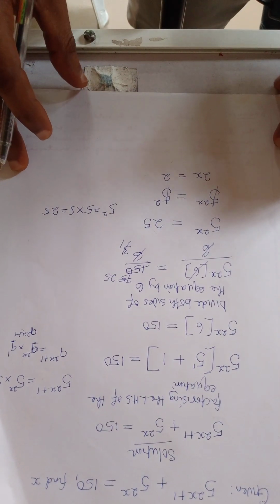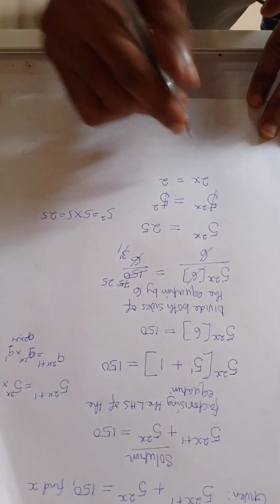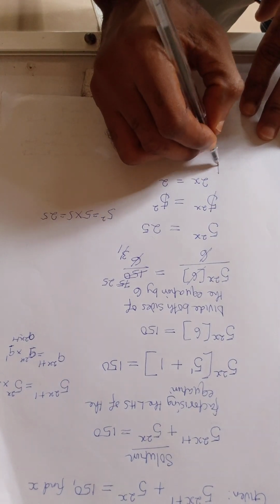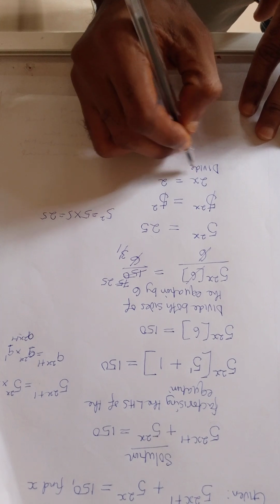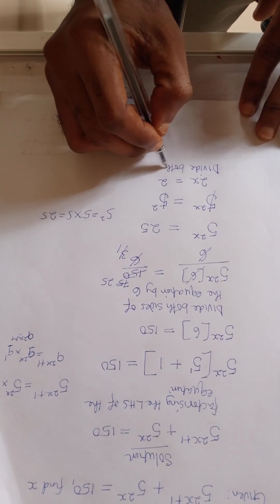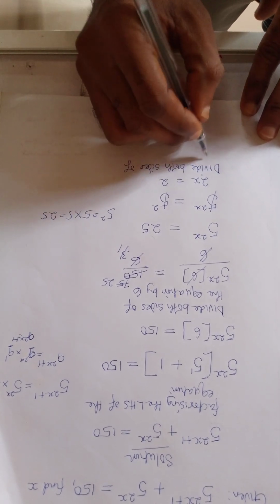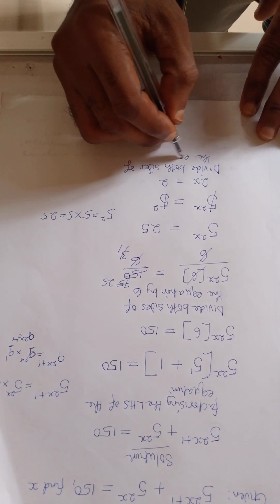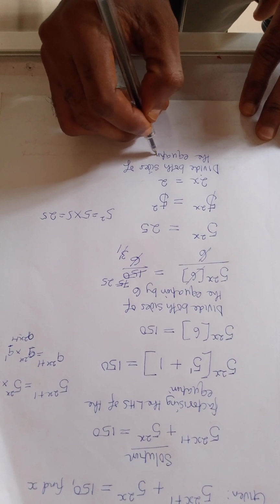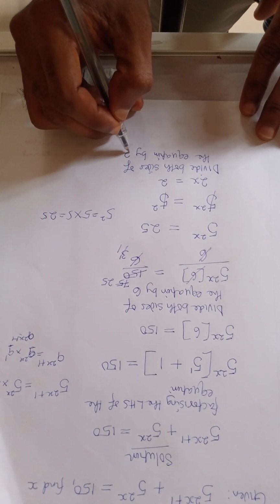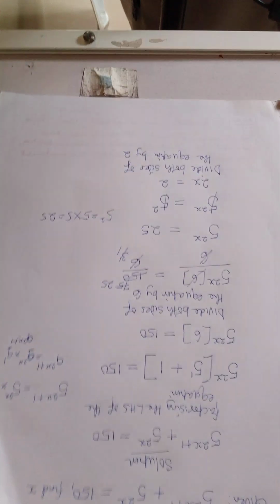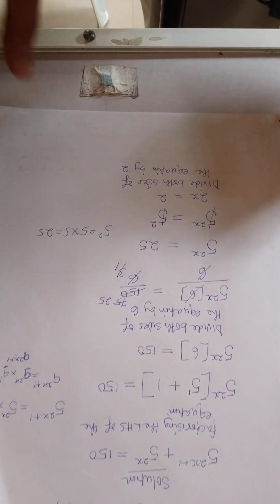Since we are asked to find the value of x, we now say divide both sides of the equation by 2. The essence of doing that is to ensure that x stands alone.